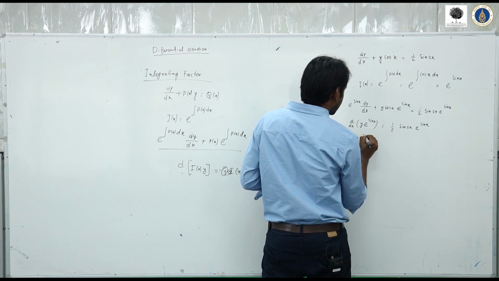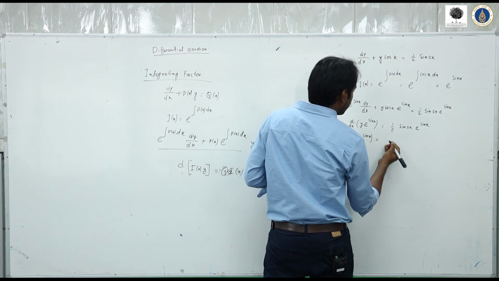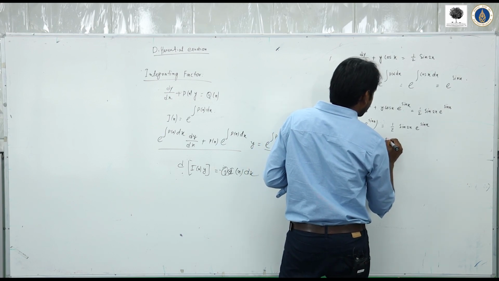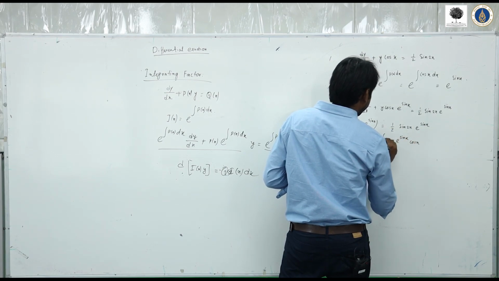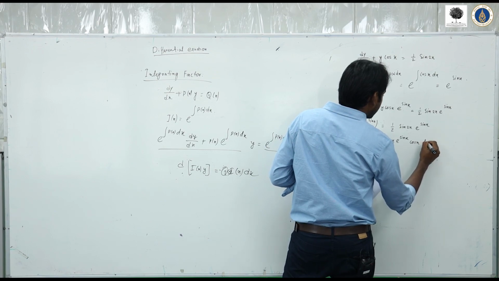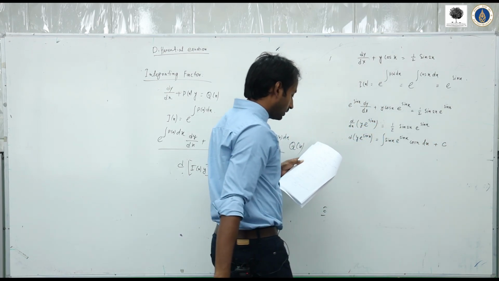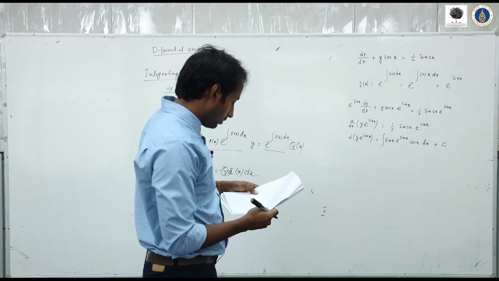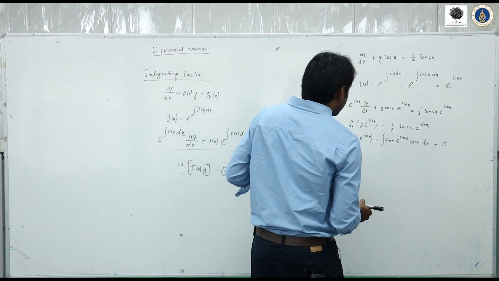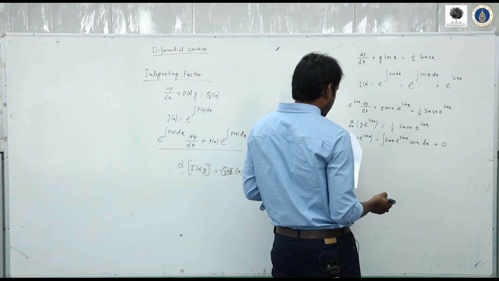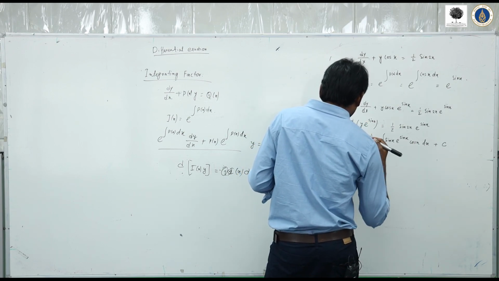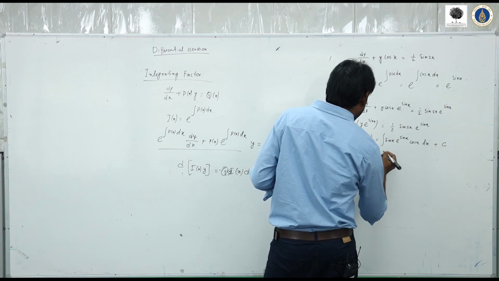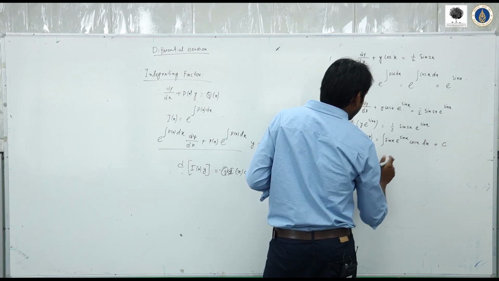Y e to the power sine x equal to the integral of sine x e to the power sine x cos x, and we have to integrate this, and there will be a constant c. You can solve it by considering this, and I leave it to the viewer to solve this one.